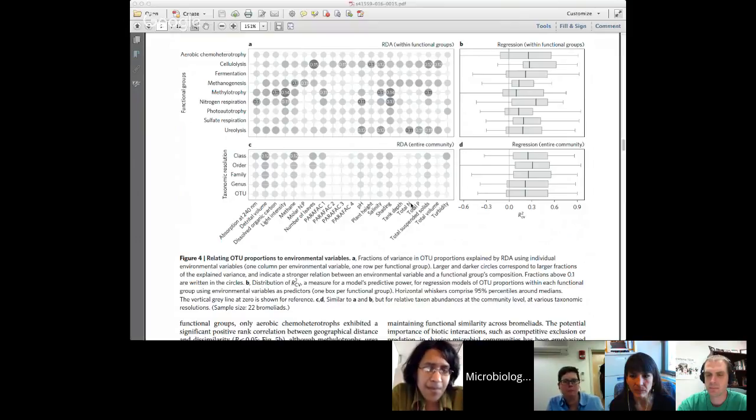But a huge section in their methods is just this painstaking characterization of all these environmental physicochemical conditions. And this is figure 4, right? So they've got detrital volume, dissolved organic chemistry, light intensity, methane, like on it goes, salinity. And in the end, what this is showing is the top of it with the 9 functional categories. You don't have a lot of the variance. This is how I read it.